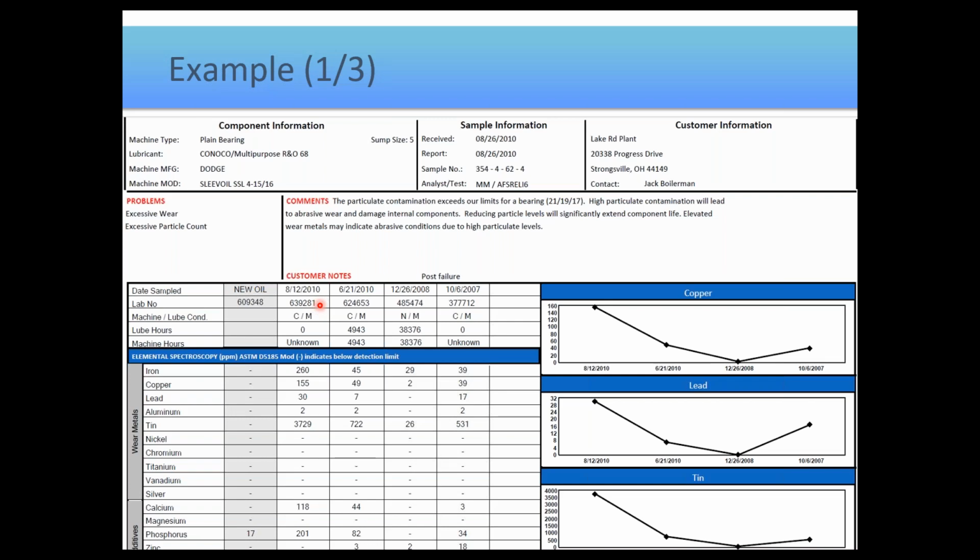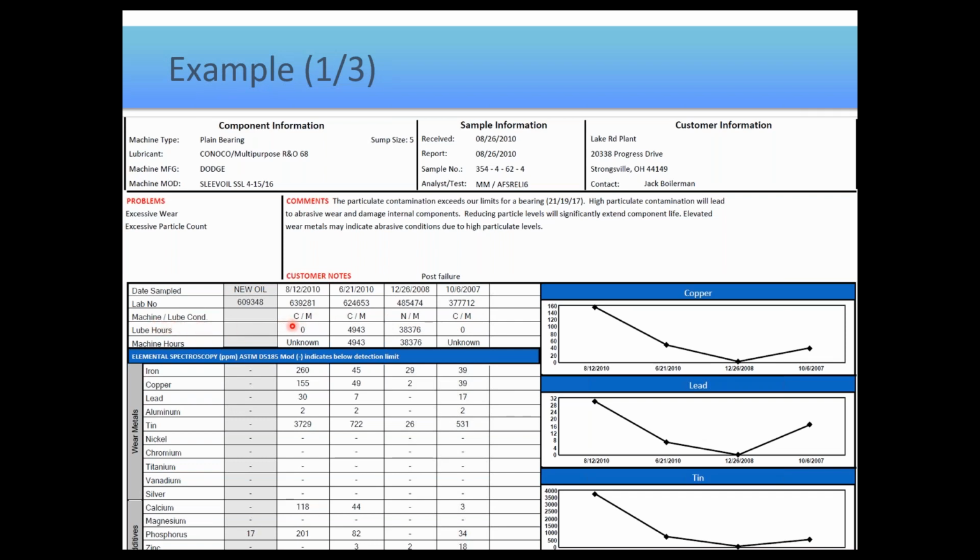So when we read down the other information here, you will see that we have the machine and lube condition. So this is populated by either the letters N for normal, M for marginal, or C for critical. So we have a critical marginal, normal marginal, critical marginal, critical marginal. And again, it's in the order of machine followed by lube.